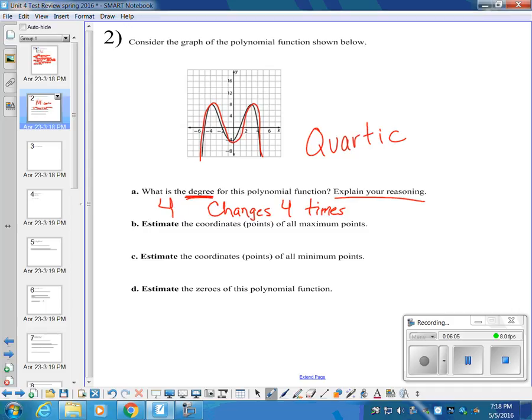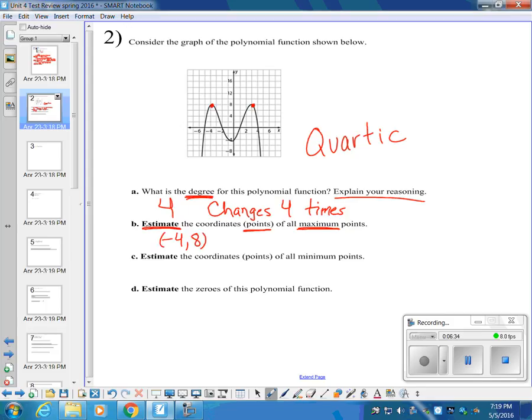Okay. Estimate the coordinates or the points of your maximum. How many maximums do I have? I have 1 and then another one. Remember, it's the top of your peaks. So estimate it. I'm at -4, 8. -4 on the x, 8 on my y.